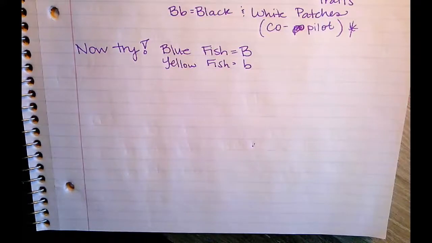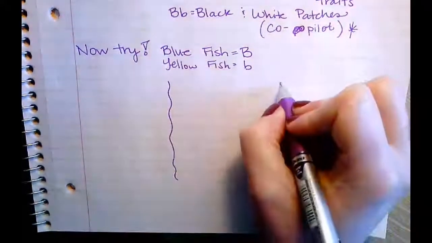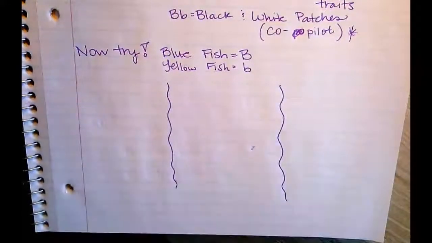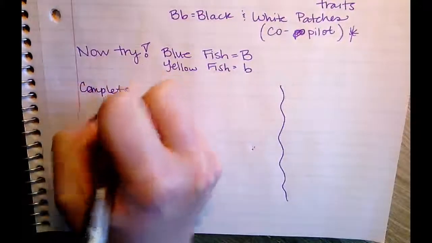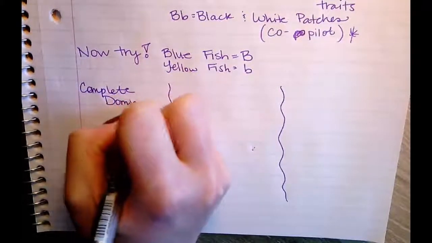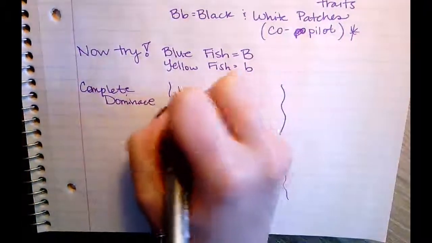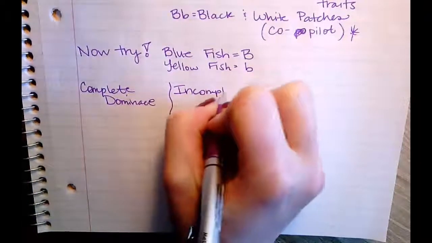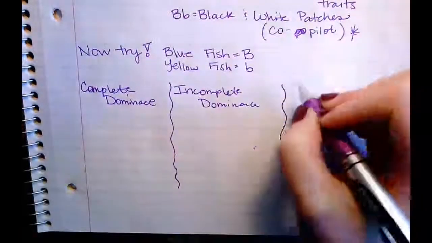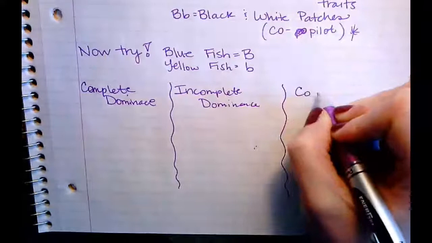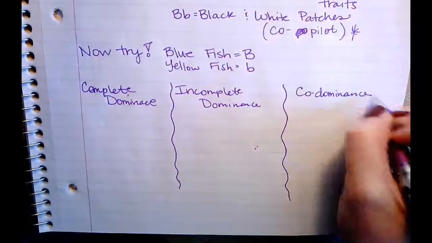All right, so we're gonna make a little 3-column chart to practice this. Okay, complete dominance, versus incomplete dominance, versus co-dominance.